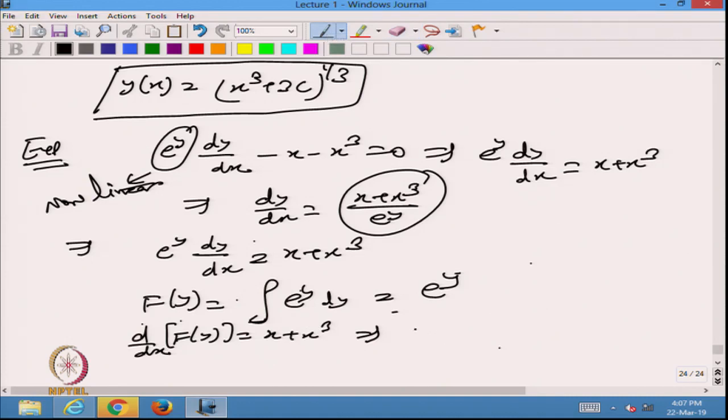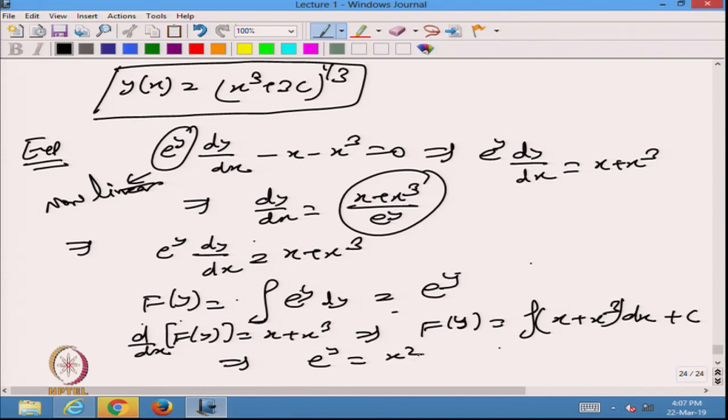I can take the integration on both sides, and then my F(y) will be the integration of x plus x cube with respect to x plus c, a constant.